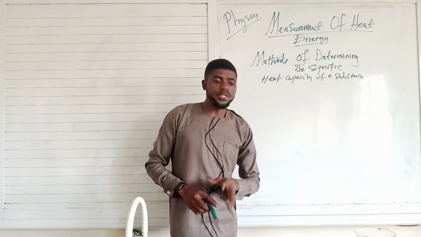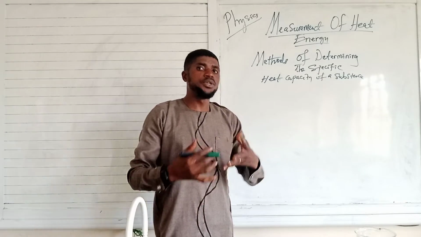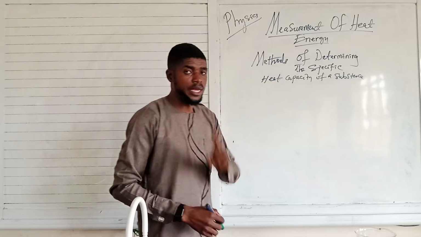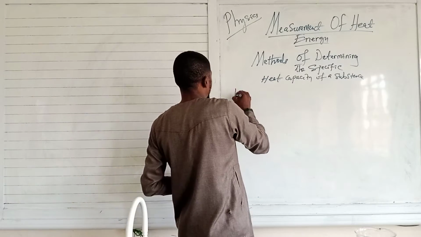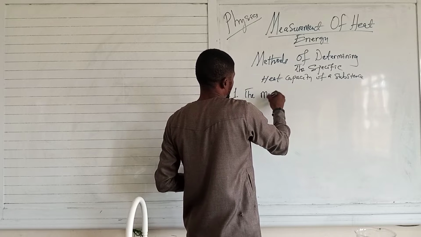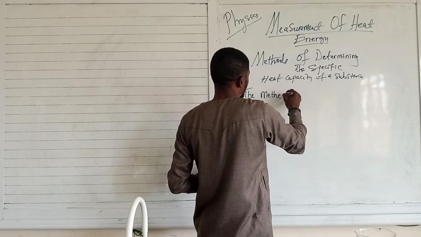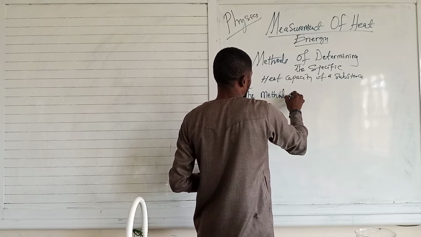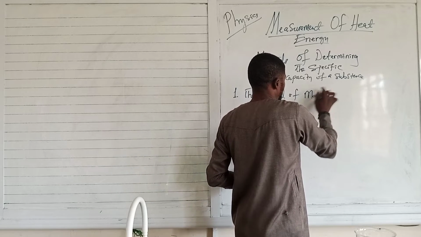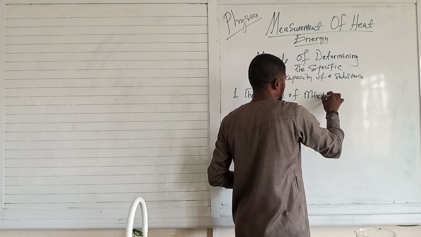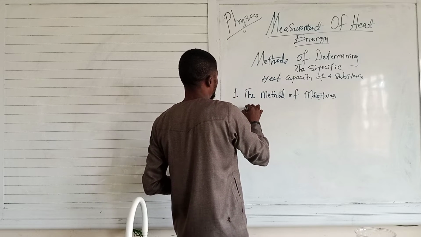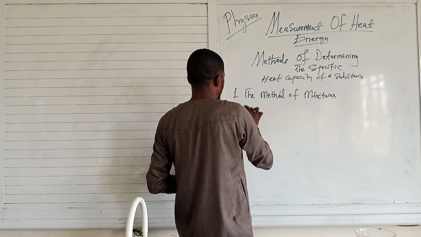There are two ways we can use to determine the specific heat capacity of the substance. Namely, one, we have the method of mixtures. Number two, we have the electrical method.